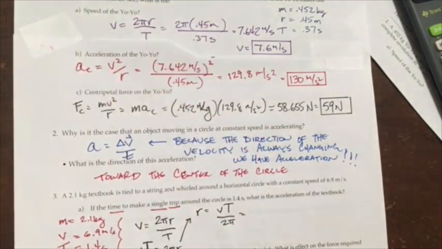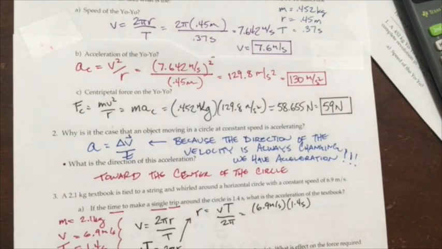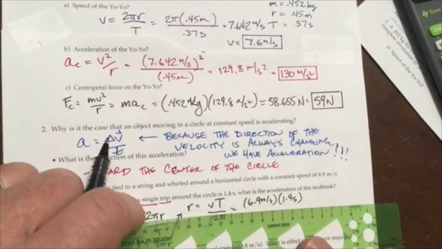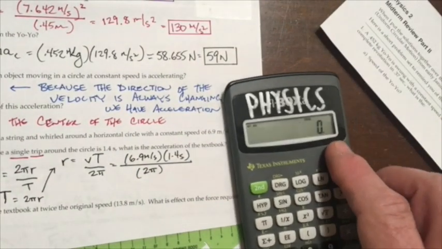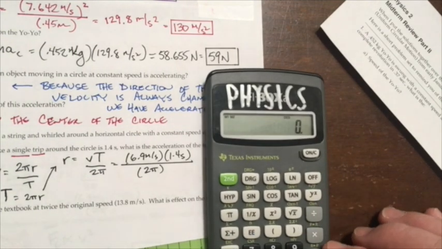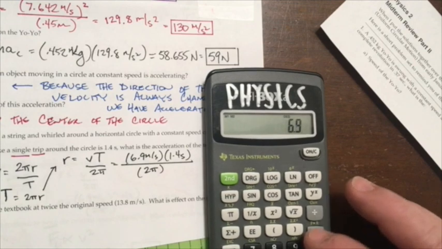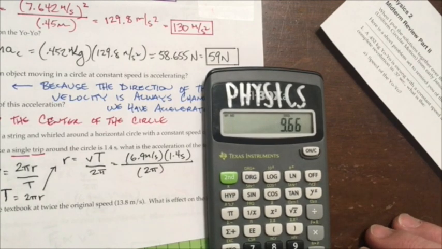And I can plug in the values for v and T. There's v, there's T, and I can divide that by 2 pi. Now watch how I do this on the calculator real quick, because this can sometimes be an issue for some of us. When you do the numerator, you just multiply and hit equals. So 6.9 times 1.4, no problem, equals 9.66.